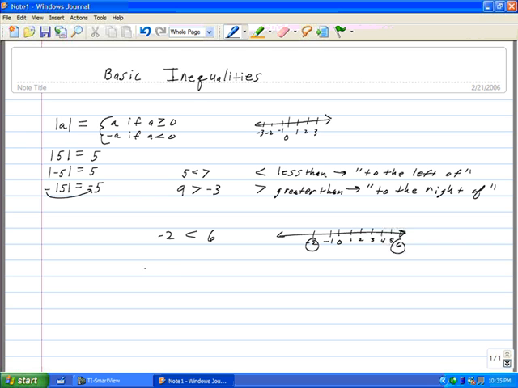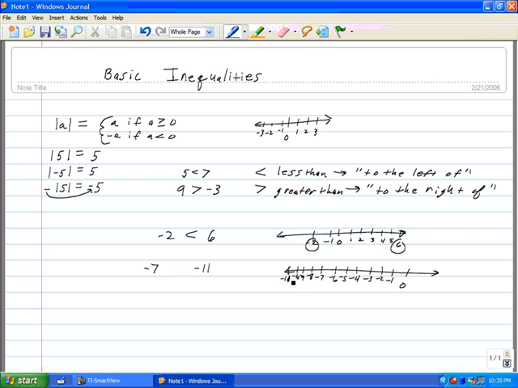Now don't be confused when you start working with the negatives. If you want to look at a negative 7 versus a negative 11, again remember the layout of the number line. Now 0 would be up in here, and here we would have negative 1, negative 2, negative 3, negative 4, negative 5, negative 6, negative 7, negative 8, negative 9, negative 10, and then finally the negative 11.